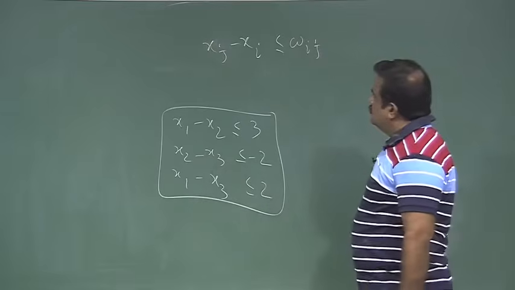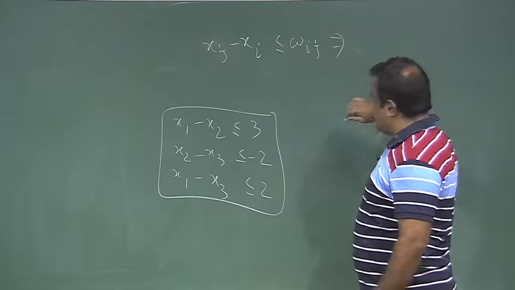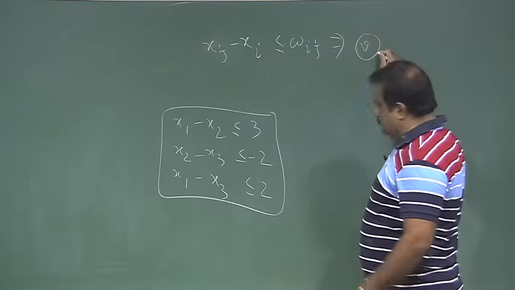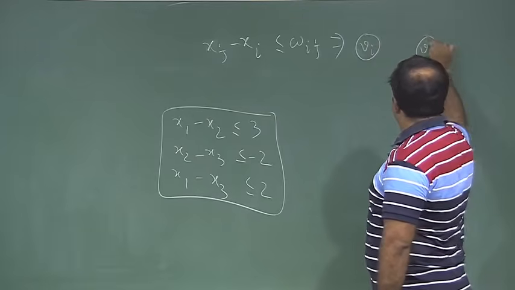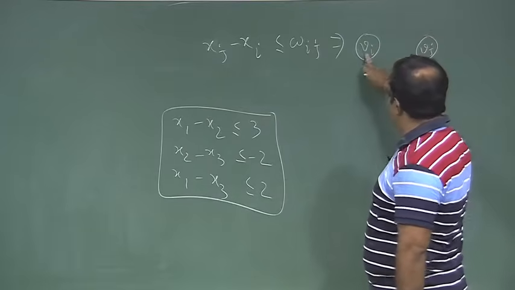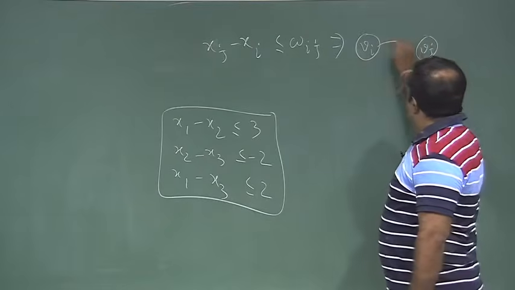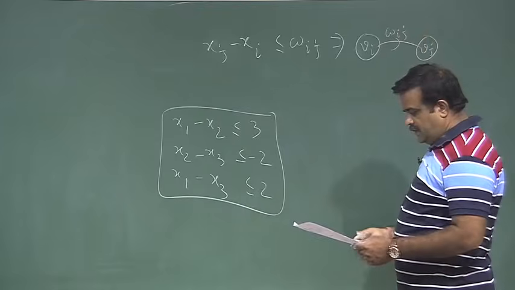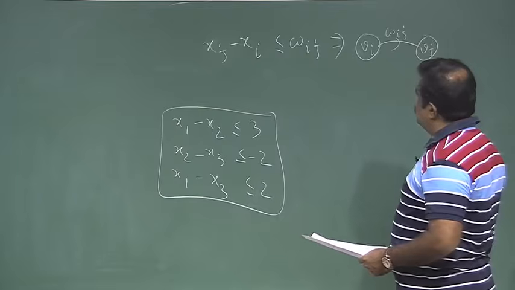This will correspond to a part of the graph like vi, or you can just say xi also. This is just a notation for denoting the vertex. So, this edge has weight wij.